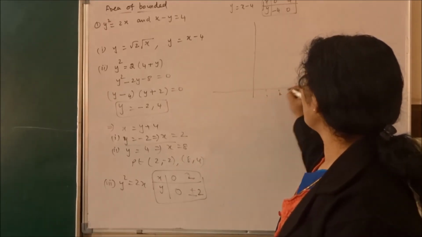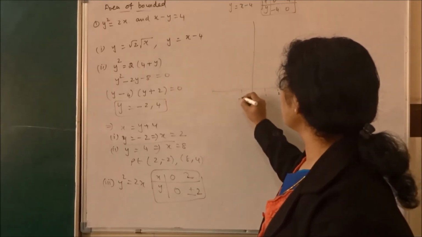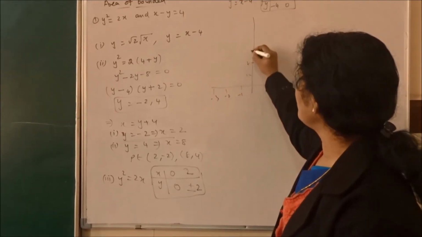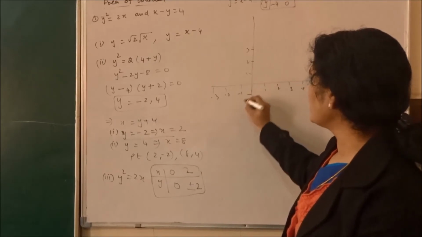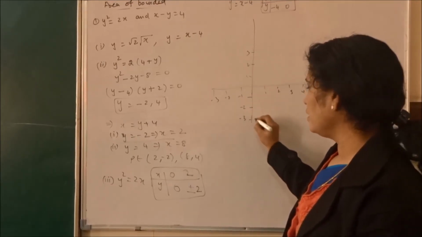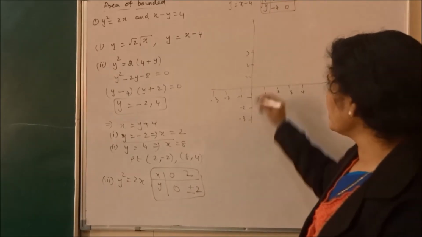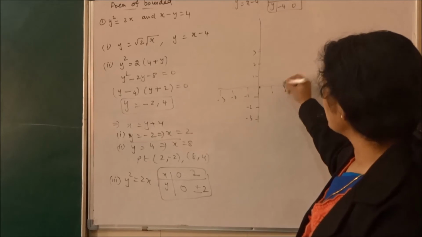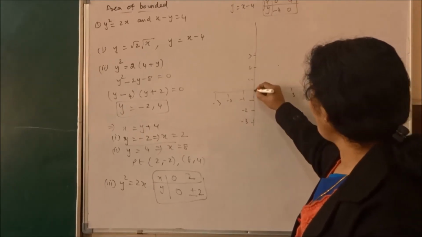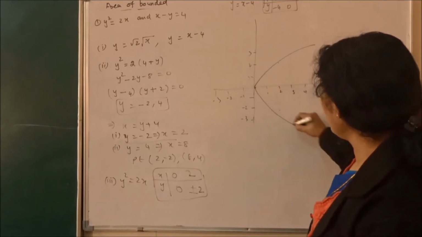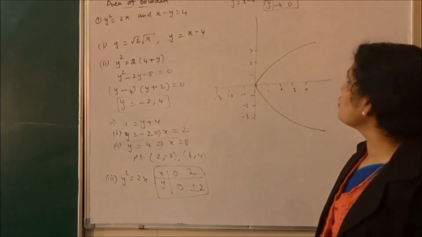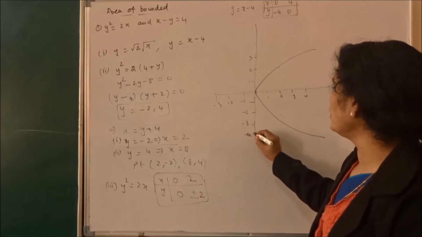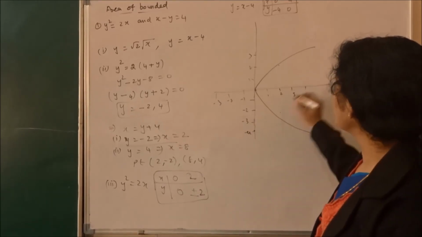Now this is 1, 2, 3, 4, again minus 1, minus 2, minus 3, and this is 1, 2, 3. Now minus 1, minus 2, minus 3. Now come to this parabola, (0, 0). It is symmetric about the x-axis. On the x-axis 2, on the y-axis plus 2 and minus 2, so the parabola goes like this. Now the line equation: (0, -4) is here, and then (4, 0).